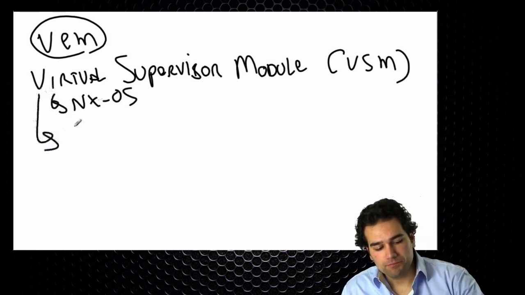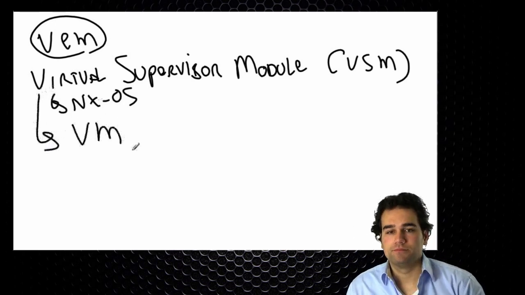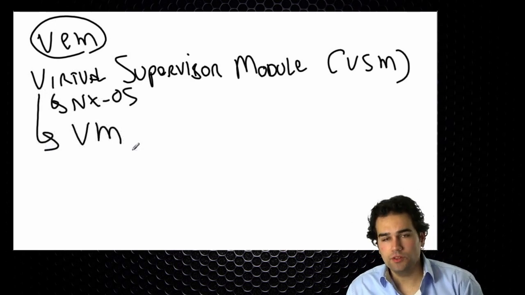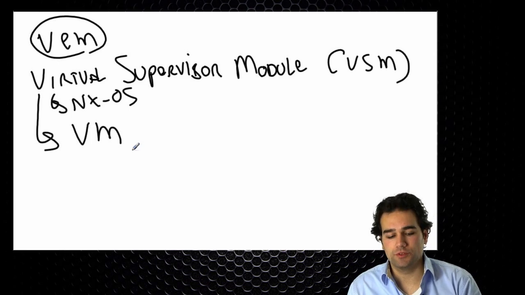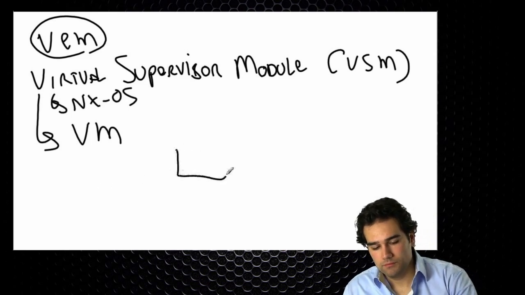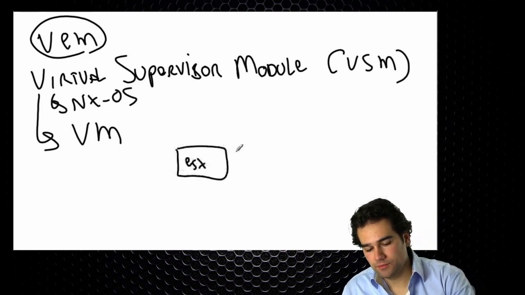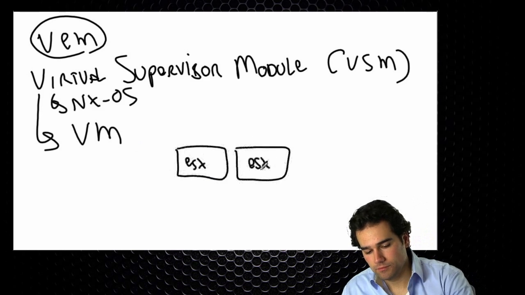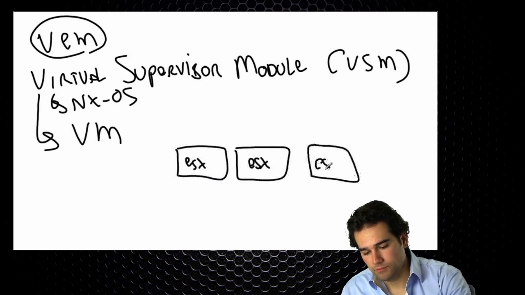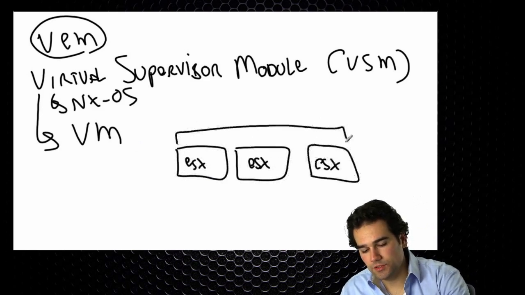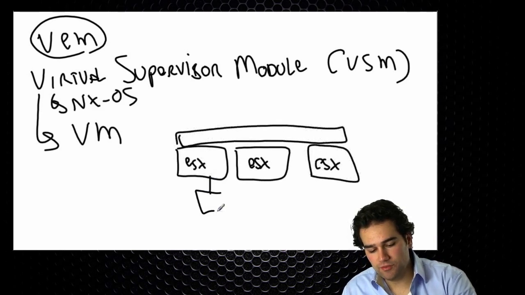This VSM is just a virtual machine. I can run the virtual machine inside an ESX host that is also running the distributed switch. So if I have ESX servers, they are running that distributed switch. I can even run my VSM as a VM here.